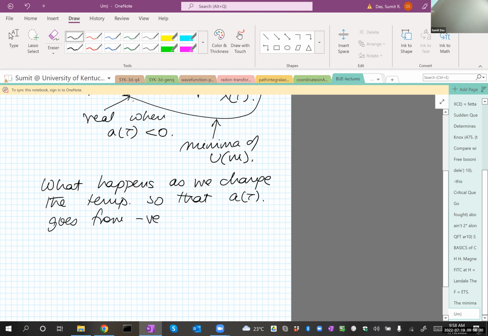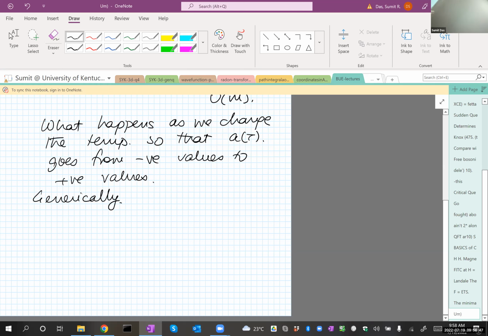So generically, by generically I mean, I give you a function of t and I say at some value of t, A is negative, and at some other values A of t is positive. And if this is a nice function, it better smoothly go from negative values to positive values. So generically, the form of the function must look something like this.